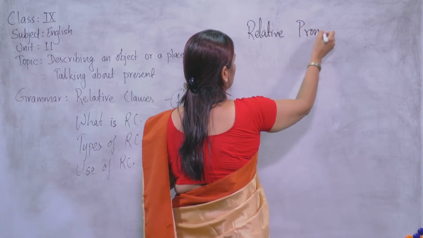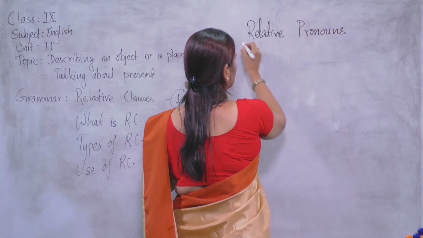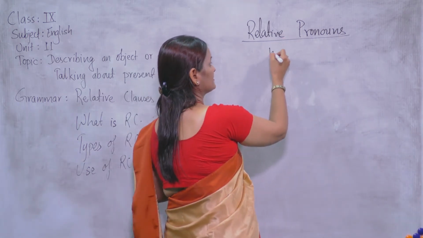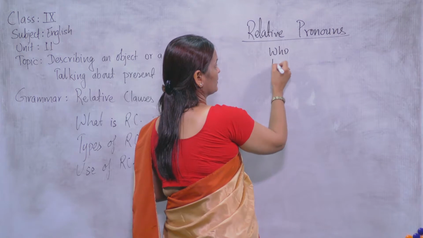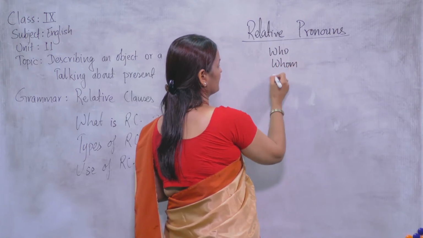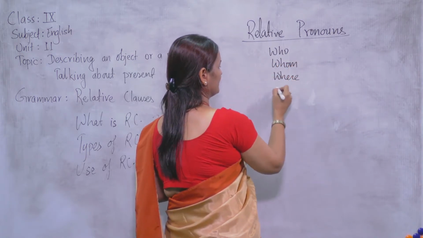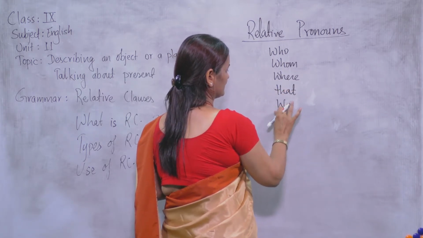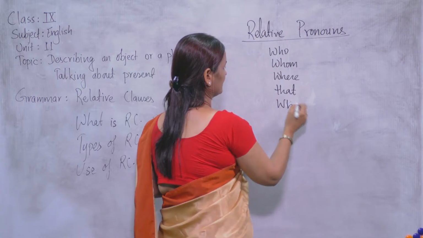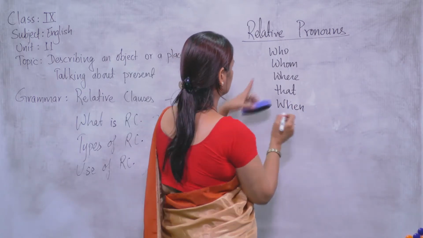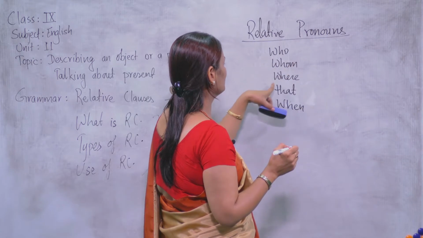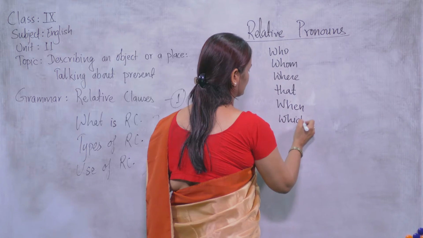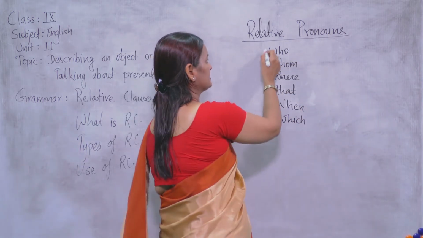Relative pronouns we can find in relative clauses. Relative pronouns are who, whom, where, that, when, okay, who, whom, where, that, when, which, etc. So these are the relative pronouns.